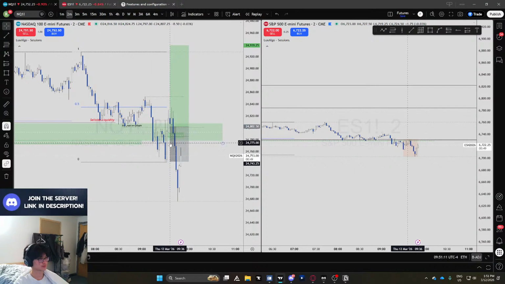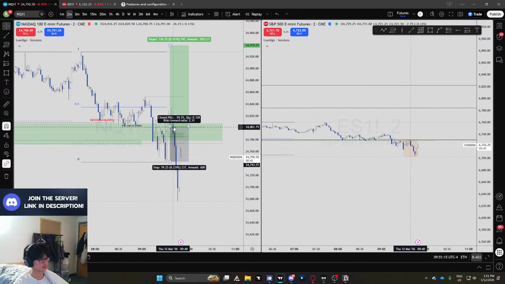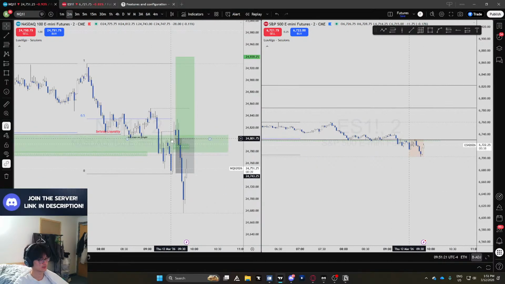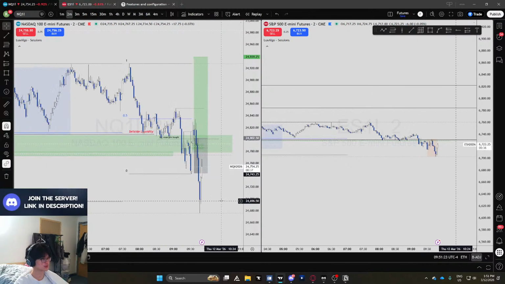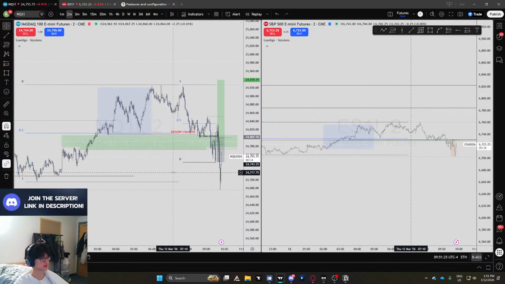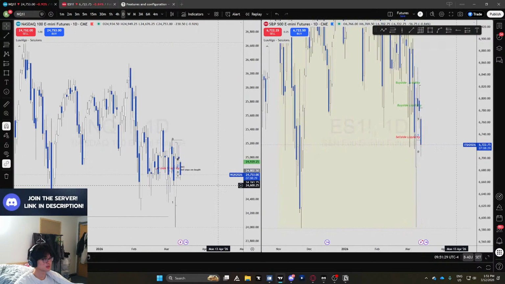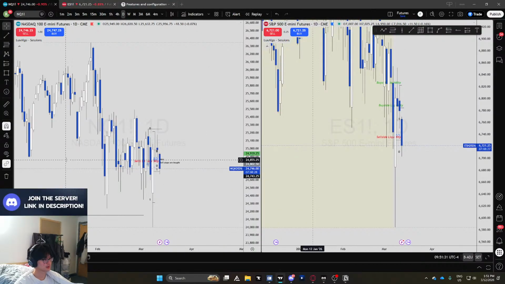Actually, I'm not sure about this one. Yeah. I think both of them were pretty relatively logical trades. It's just that I think my bias and narrative was just wrong, and because of that, I'm not going to be trading for the next few days. To be fair, we are still consolidating in this range, so.